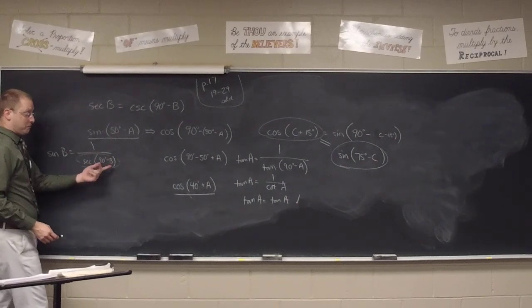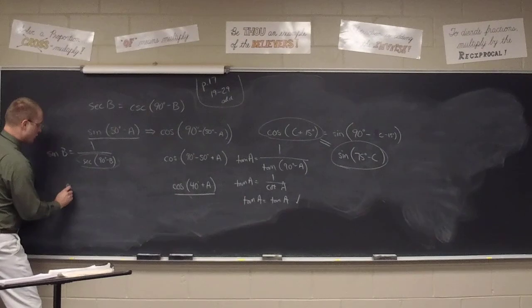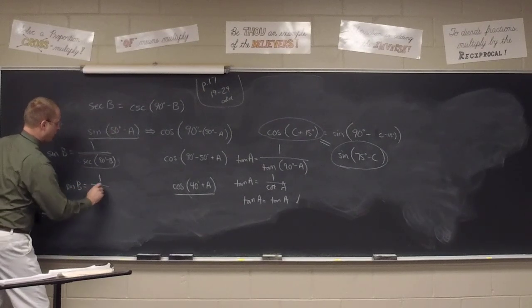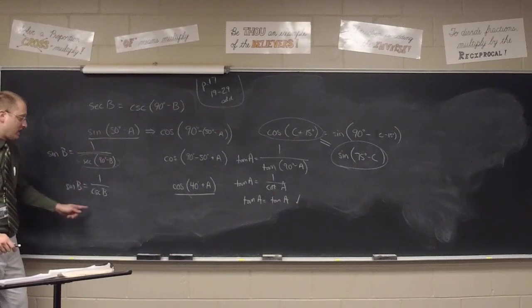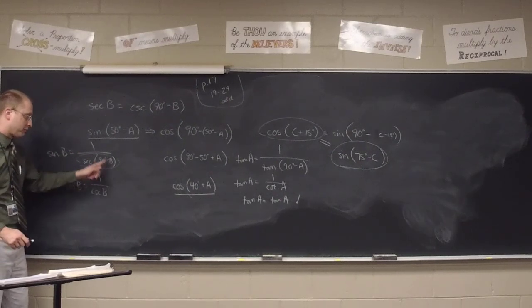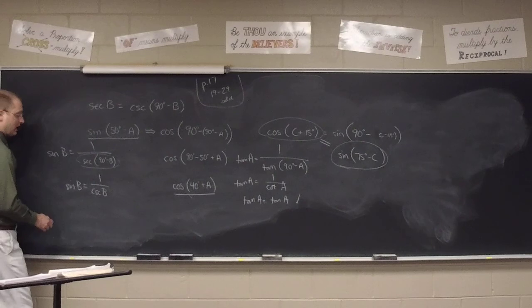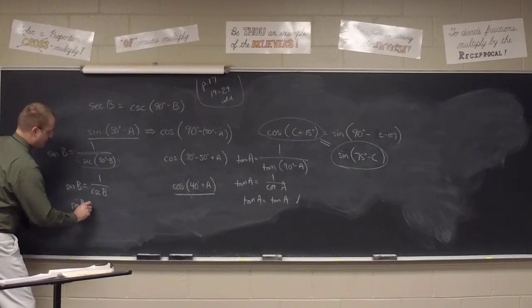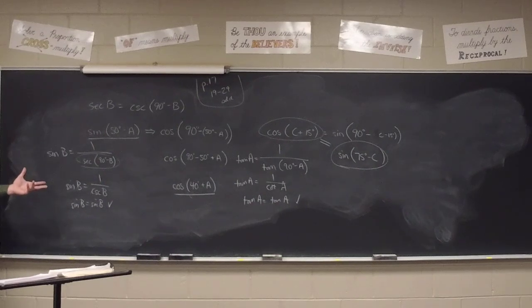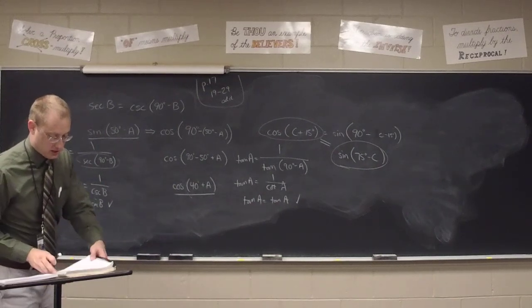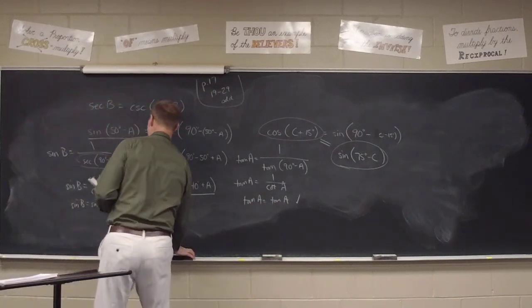The coangle is B, the cofunction is cosecant, so we have that the sine of B is equal to 1 over the cosecant of B. But again, 1 over cosecant, that's a reciprocal. What is the reciprocal of cosecant, class? Sine. So apparently, yes, the sine of B equals the sine of B. That makes sense.